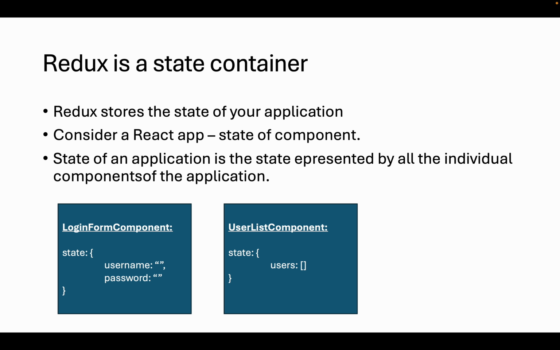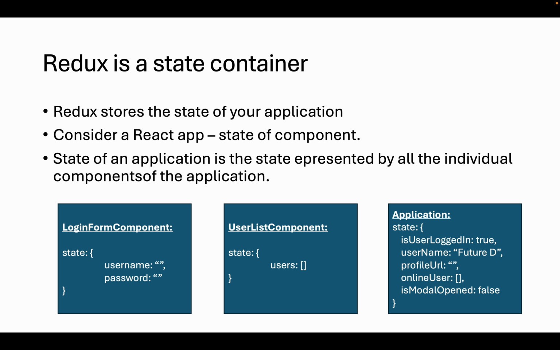So we can say that the state of an application is represented by all the individual components of the application. What is the state of an application? It's actually the state of all the components available in the React application. If we join them for a small to medium level application, the state will look like this.